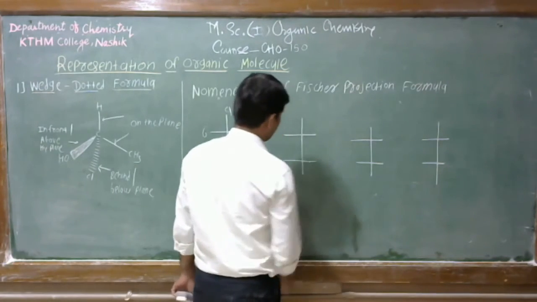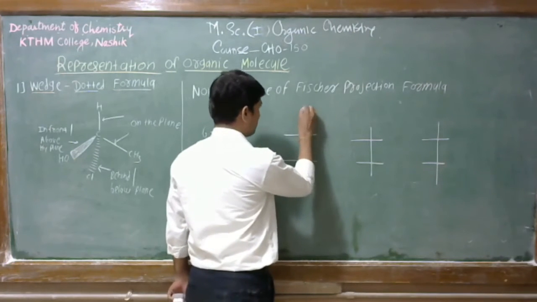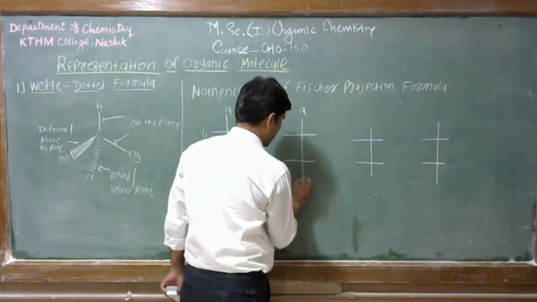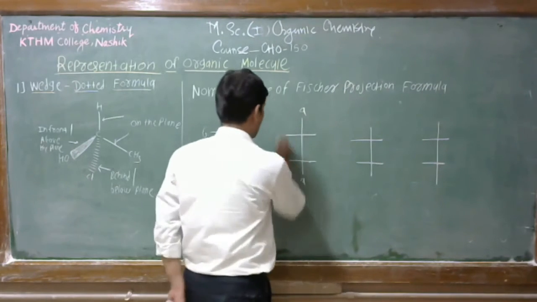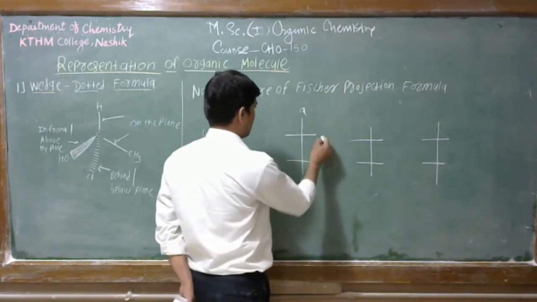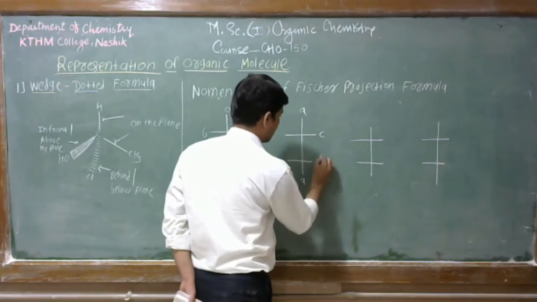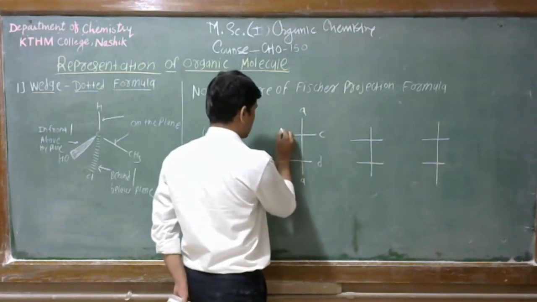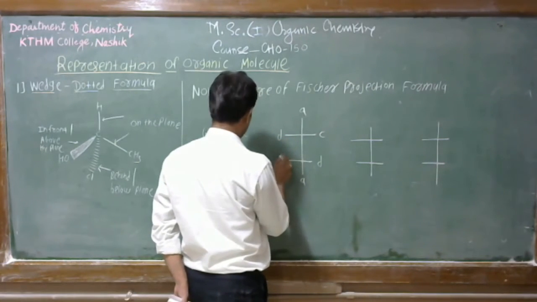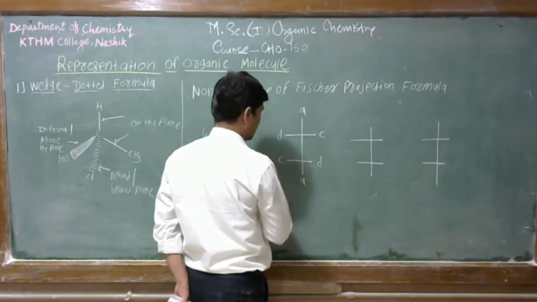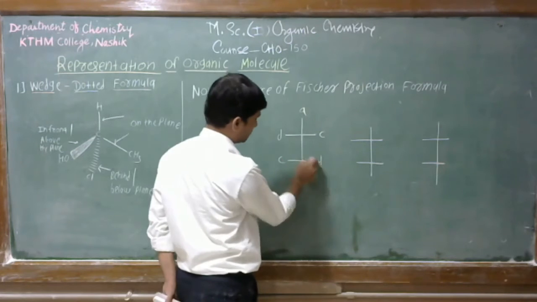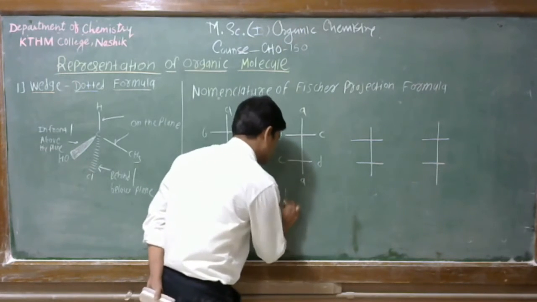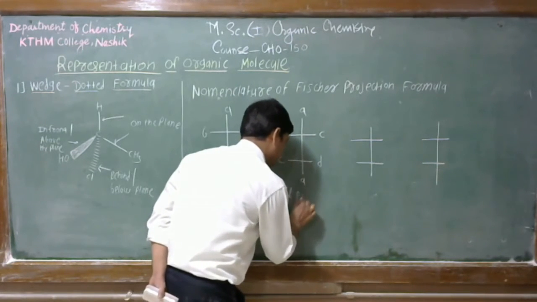Now, in the second type of structure, if the groups present on the vertical line are the same, the groups present on the right hand side are different, and the left hand side are also different, as we can see here the C group is crossed here and the D group is crossed here, then this structure is called a DL pair.